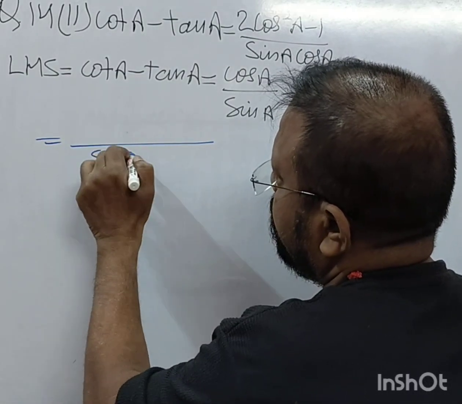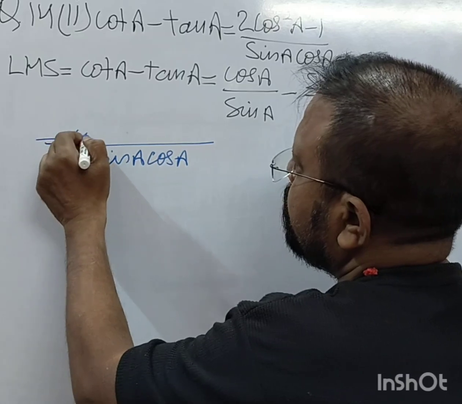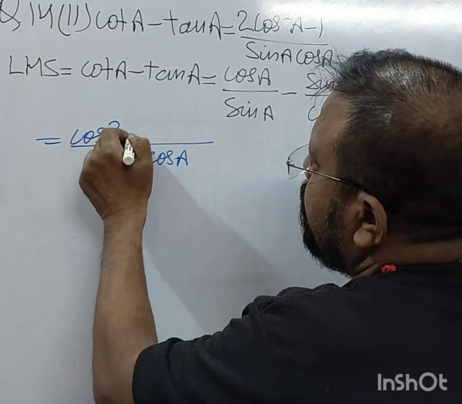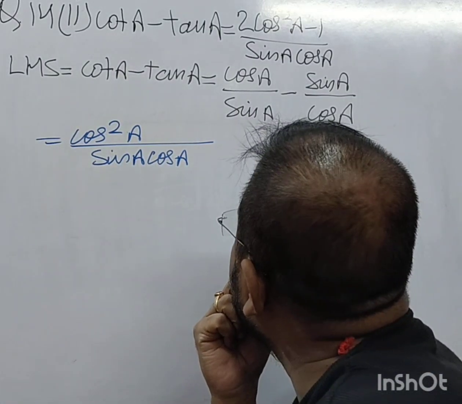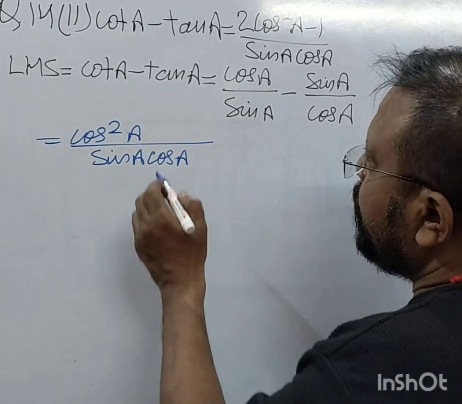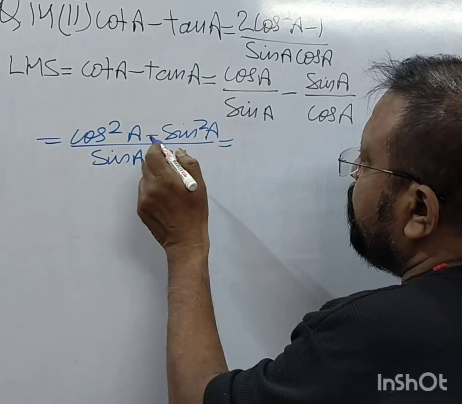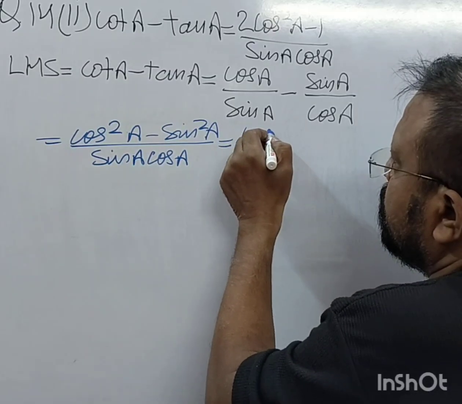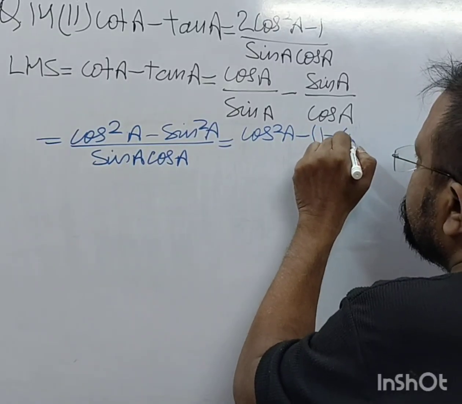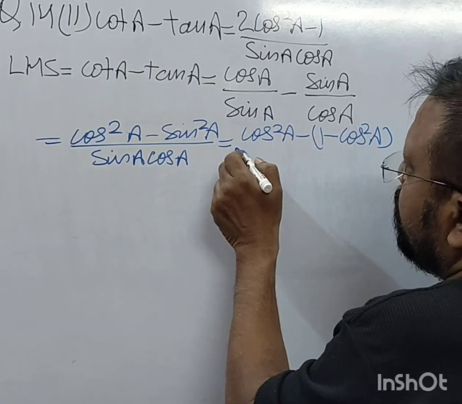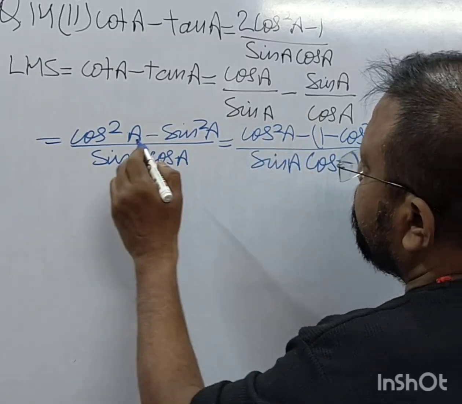Sin A cos A, sin A cancel, it becomes cos square A. And this cos A cancel, it is minus sin square A. So it becomes cos square A minus bracket 1 minus cos square A upon sin A cos A.